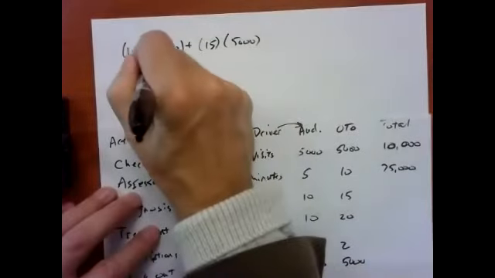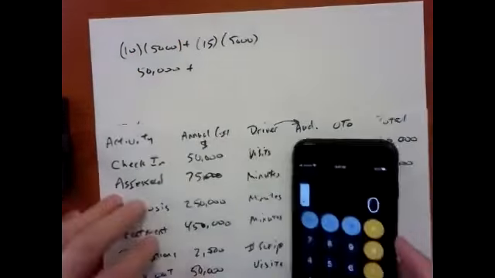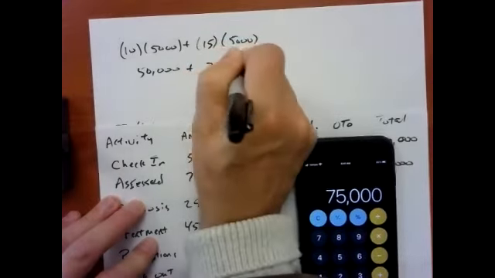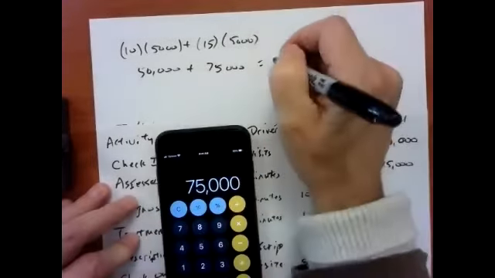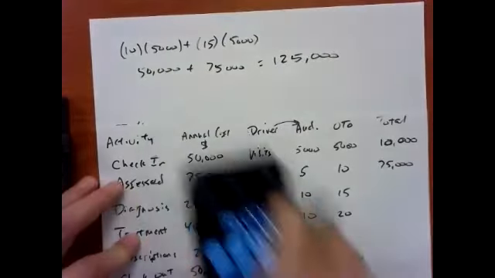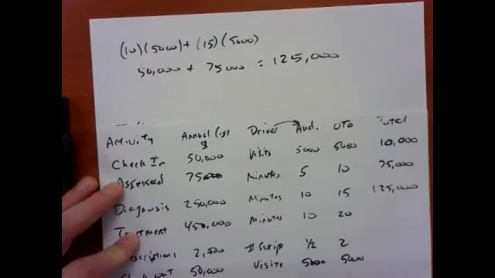So we get 50,000 plus 15 times 5, I think it's 75. Yeah. So our total then is 75 plus 50, which is 125. Right, so the total diagnosis then is 125.